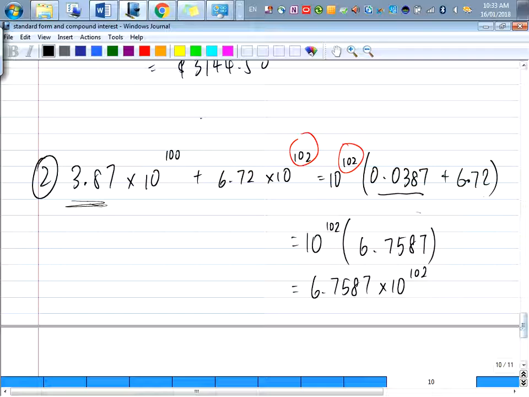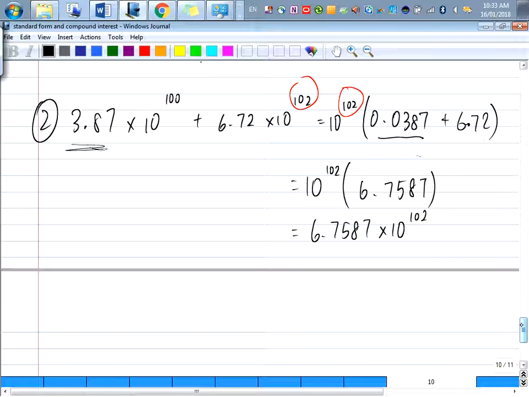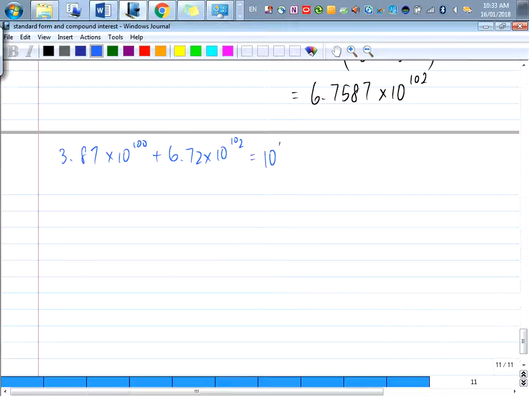But let me try another method. In blue this time, 3.87 times 10 to the power 100 plus 6.72 times 10 to the power 102. Our natural tendency is to try and factorize out 10 to the power 100. Let's see what we are left with, okay?